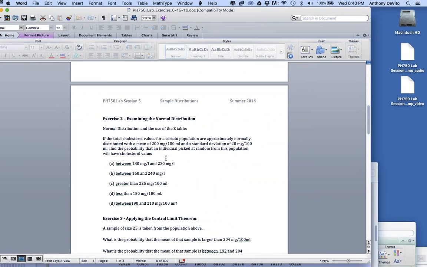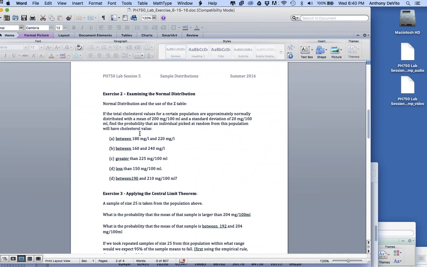Okay, so let's take a look at this. First of all, this first problem is just a reprise of what we did before, so I'll just do it verbally. If the total cholesterol values for an approximately normally distributed population have a mean of 200 and a standard deviation of 20, find the probability that an individual picked at random from this population, sample size 1, is between 180 and 220.